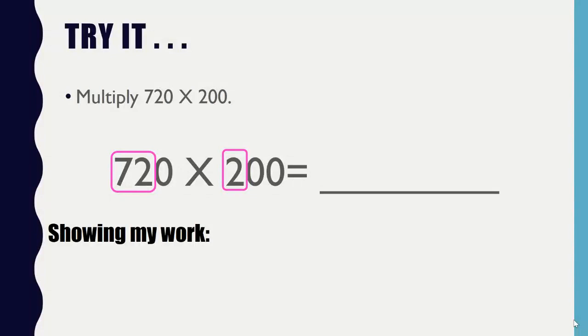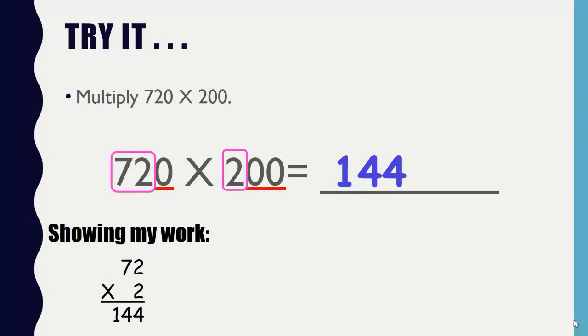I can show my base problem by doing 72 times 2 to get me 144. I'll put 144 on the line. Now I'm going to notice the zeros. There is 1 zero that's attached to the 720 and 2 zeros attached to the 200. I'm going to count up all of the zeros on the left. So there are a total of 3 zeros on the left.